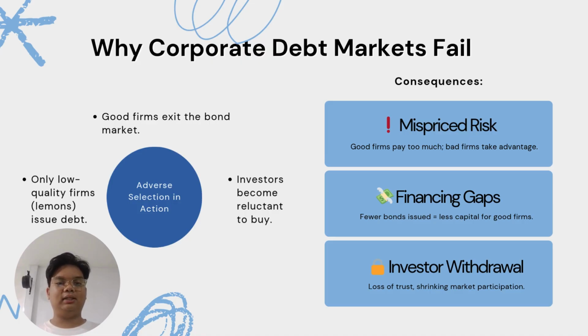Secondly, financing gaps. This happens when fewer bonds are issued, so there is less capital for good firms. And lastly, there will be investor withdrawals. This is because of loss of trust and shrinking market participation.